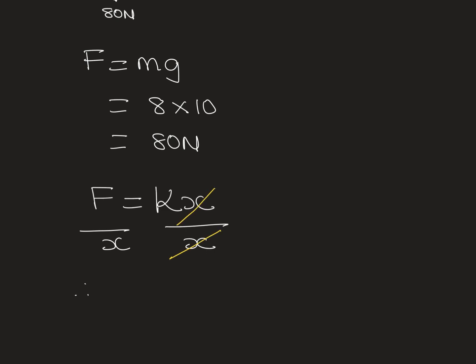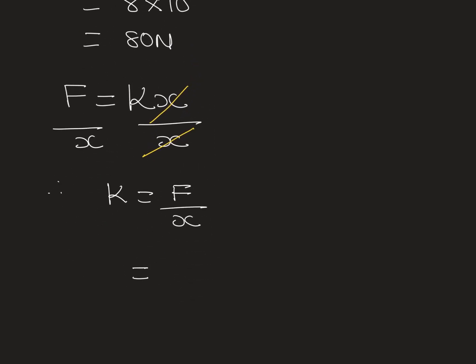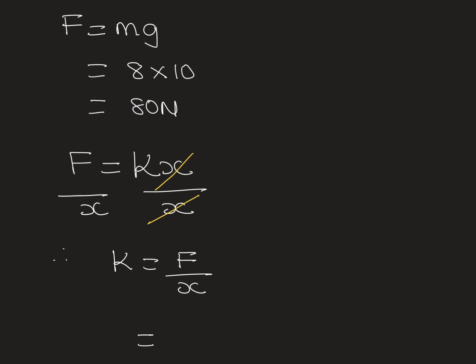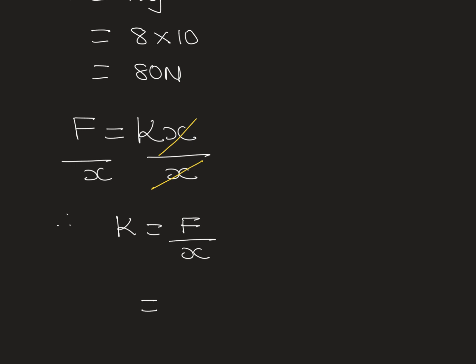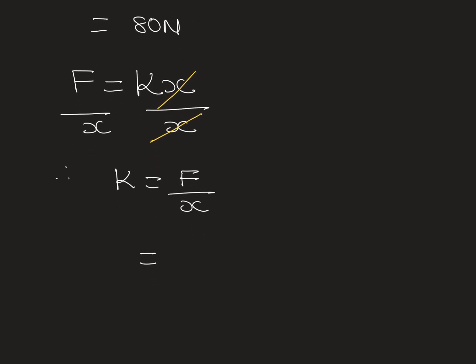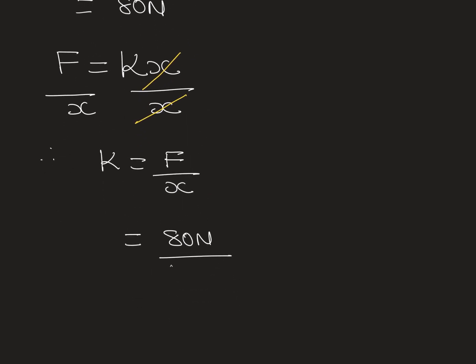So therefore, K is equal to F over x. So using the information of the first case, we can obtain the force constant, or the spring constant. The force is 80 newtons divided by the extension, 0.32 meters. So the force constant is 250 newtons per meter.